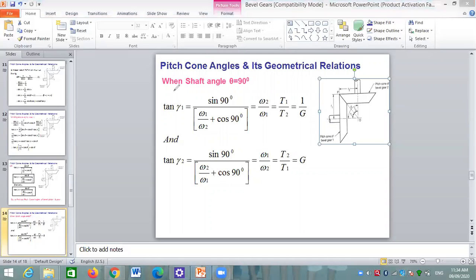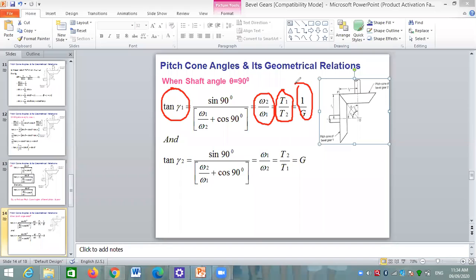Therefore, tan of gamma 1 is equal to 1 upon omega 1 upon omega 2. And if we simplify this, tan of gamma 1 is equal to omega 2 upon omega 1, or it is equal to T1 upon T2, or it is equal to 1 by G, where G is the gear ratio.